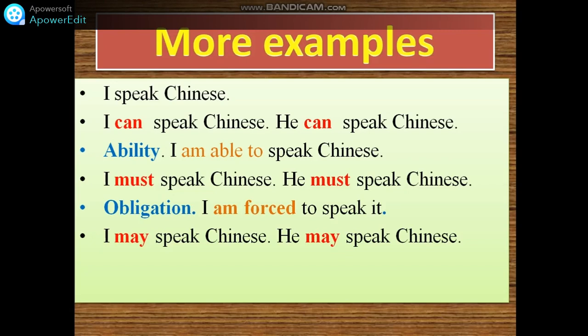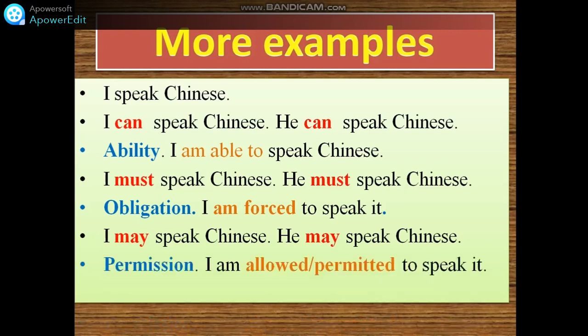So there is no third person singular S. When you say I may speak Chinese, this means permission, which means I'm allowed to, I'm permitted to speak Chinese. Good. So you see, whenever I use a different modal, the meaning of the sentence changes. Great. Let's move on.